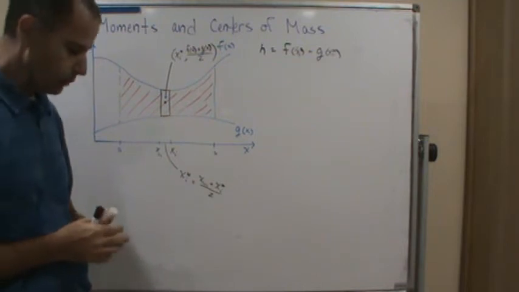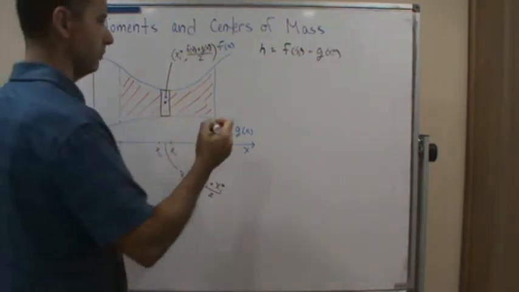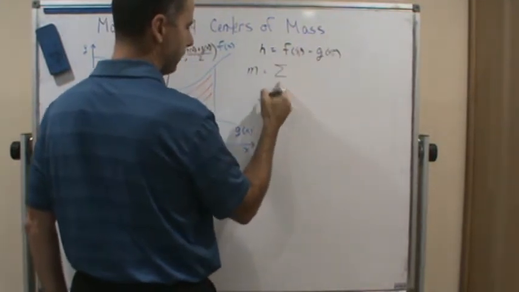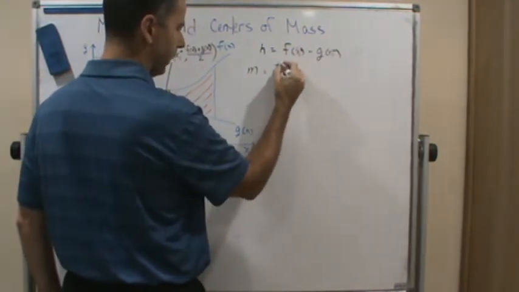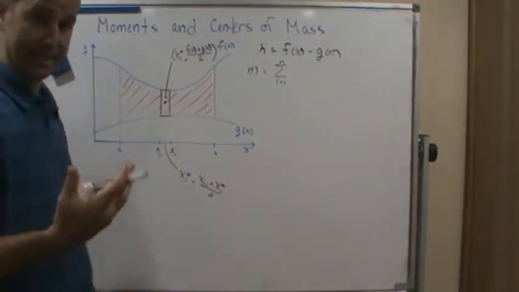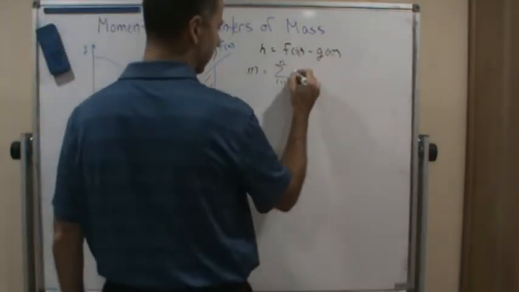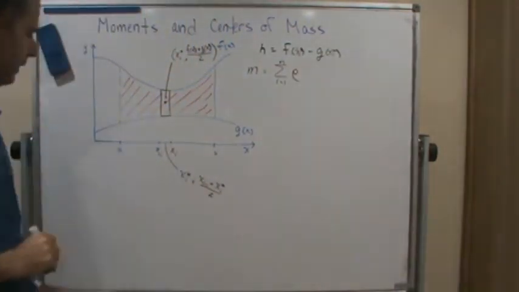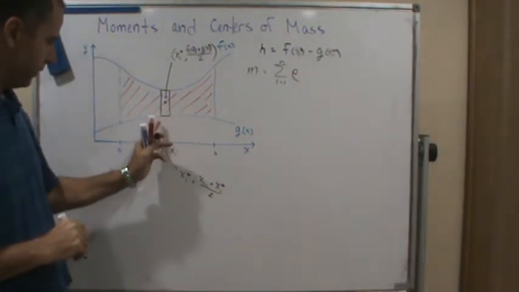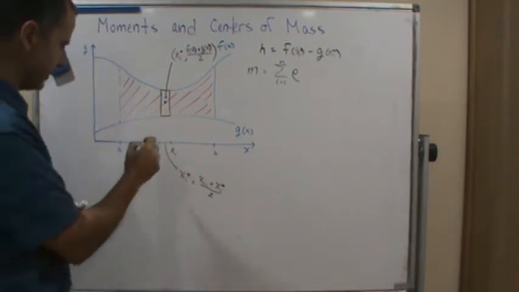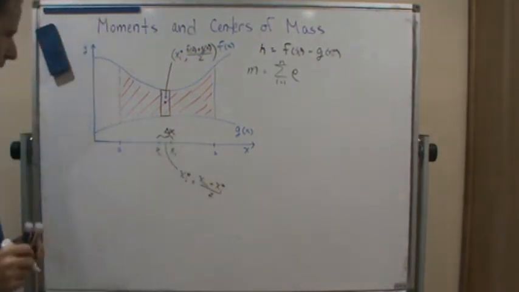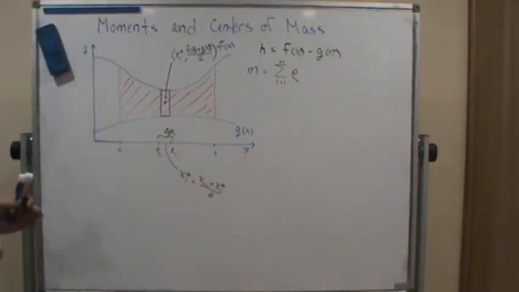Now the total mass of the system is going to be, again, summing up all the rectangles, i equals 1 to n, and this is where the mass comes in: density times area. Now the area of the rectangle is the base, delta x, which hasn't changed since we have regular subintervals, times the height.